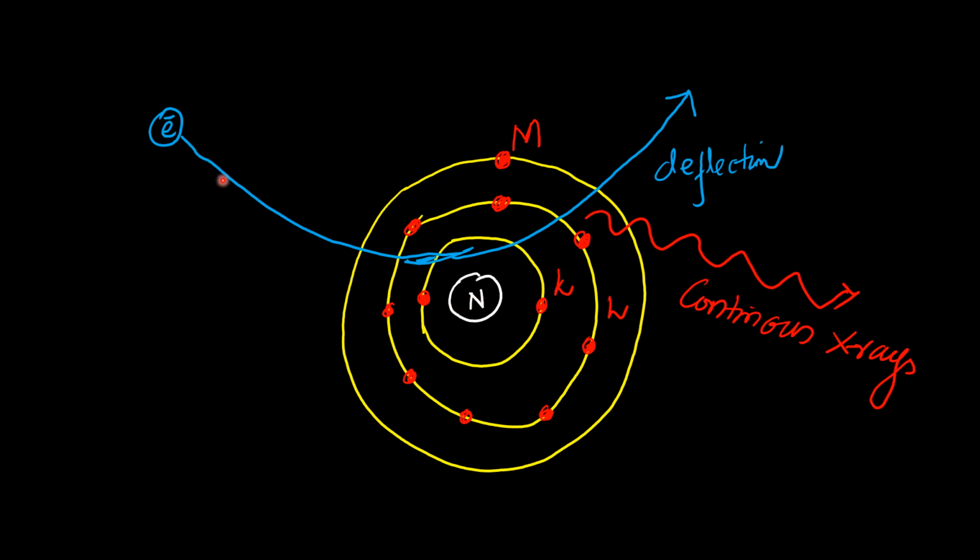This interaction causes a change in the speed or momentum of the electron, which causes a deflection, and due to this change the energy of the incident electron changes, and this transferred energy appears in the form of electromagnetic radiations known as continuous X-rays.